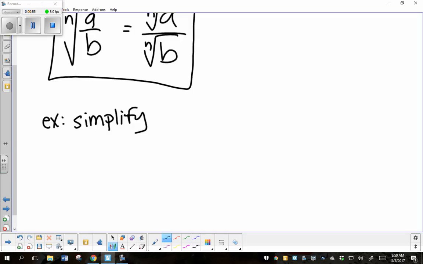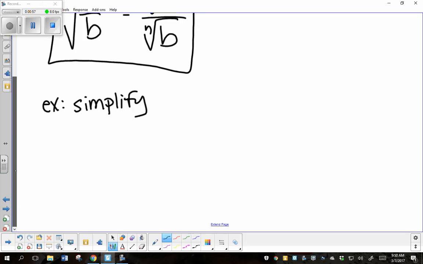In these we're going to simplify by taking the roots of the numerator and denominator. So the first one is the cube root of 27 over 125.